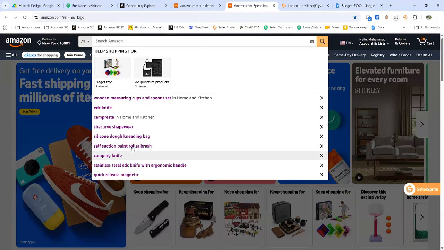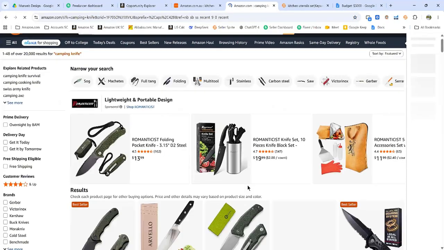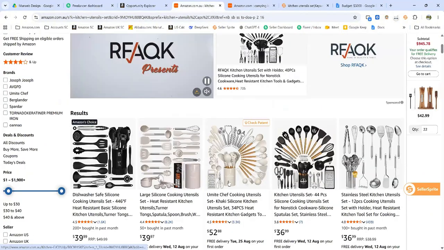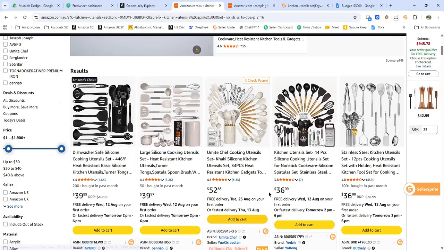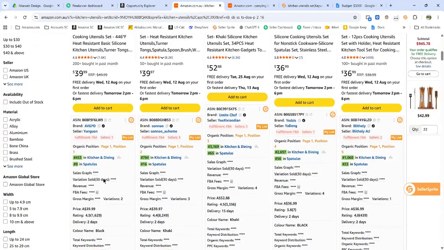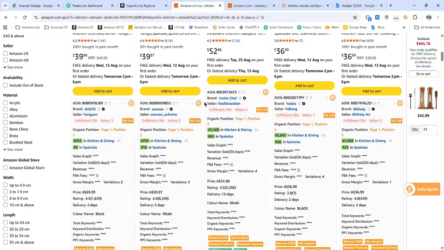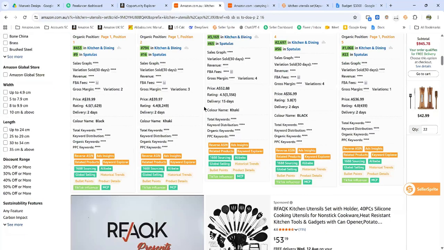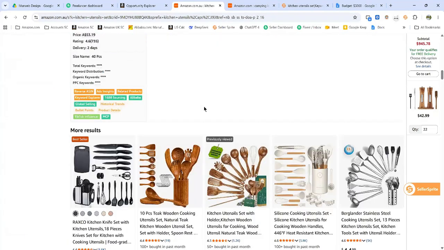Let's say camping knife. We've already discussed this point in Amazon Australia. How we checked it was manually checking whether the low review local sellers are getting good revenue or not.